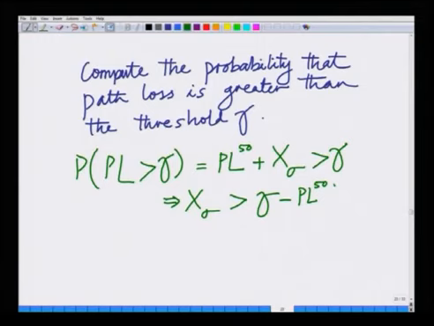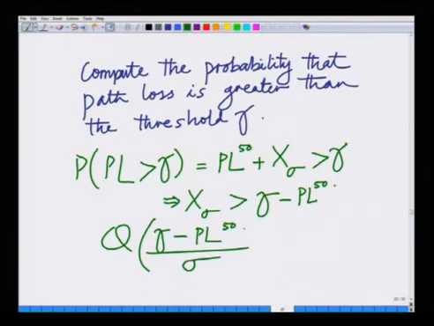And remember, x sigma is a Gaussian random variable with deviation sigma, variance sigma square. Hence, this probability that x sigma is greater than gamma minus PL 50 is nothing but Q of gamma minus PL 50 divided by sigma.